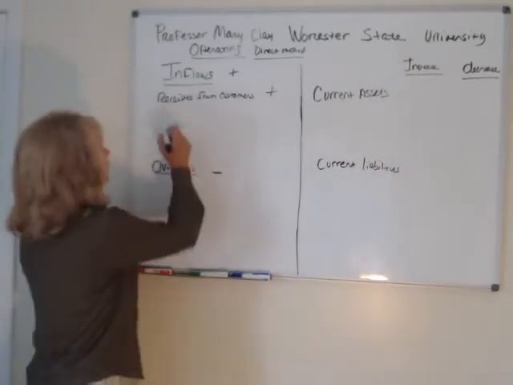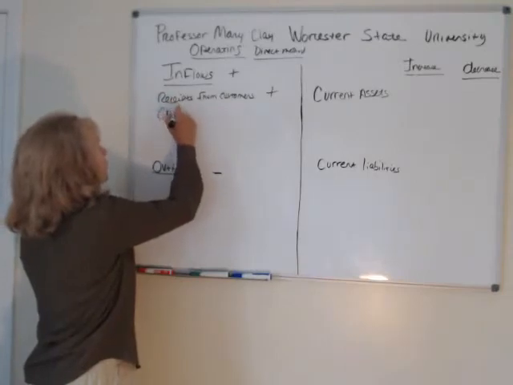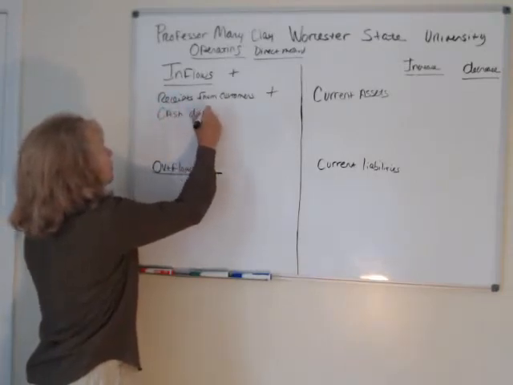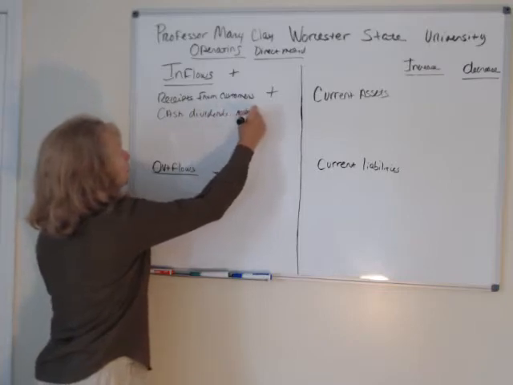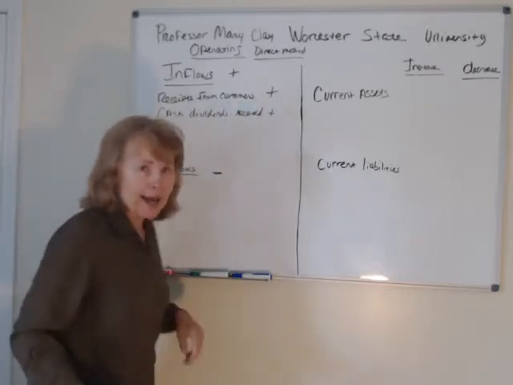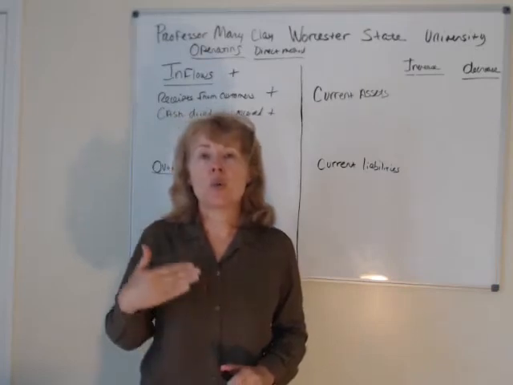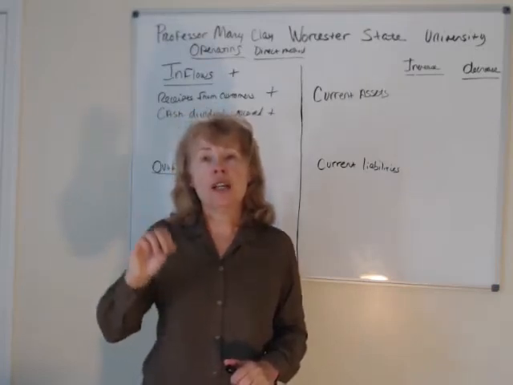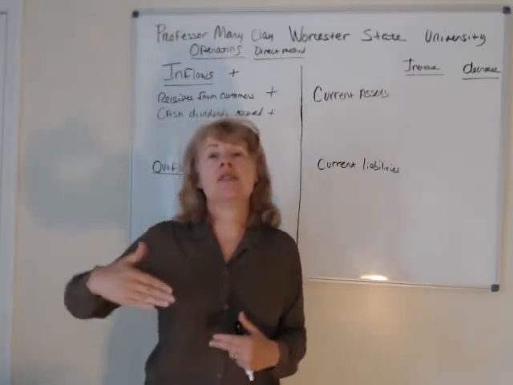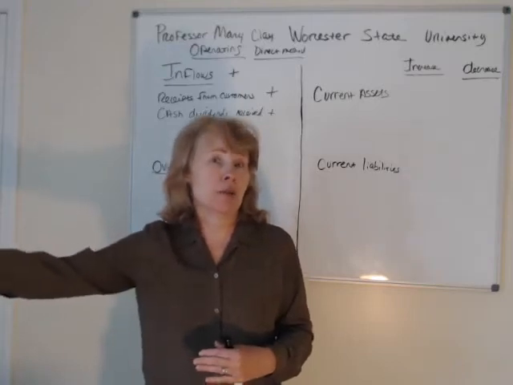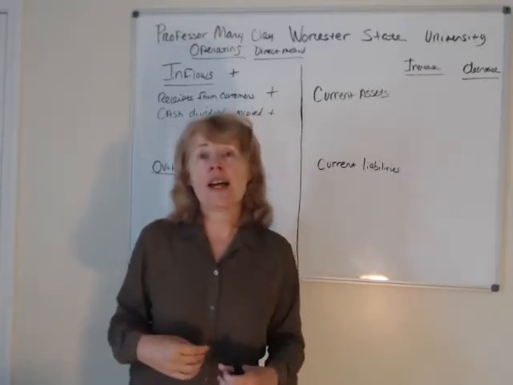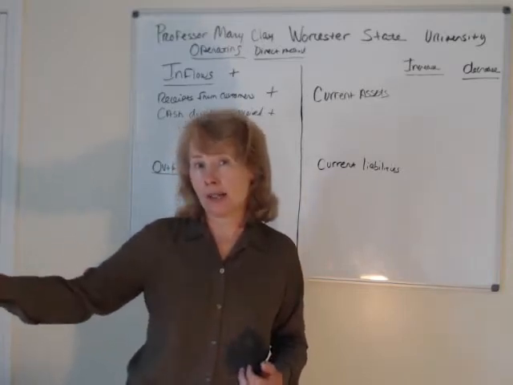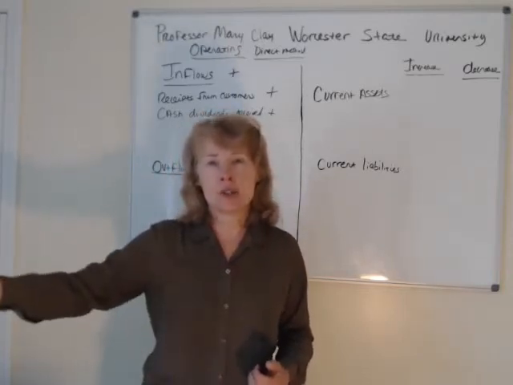Here's another one. Cash dividends received. So what's happened? Your company has invested in another corporation. So for example, Coca-Cola Corporation can invest in Advanced Micro Devices. They can purchase their stock.